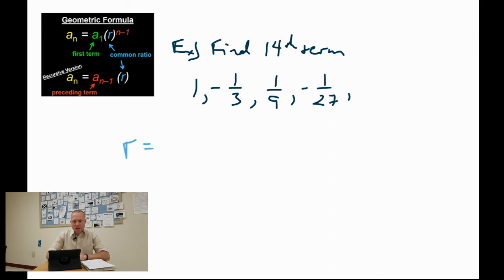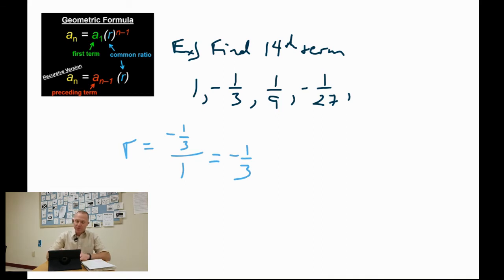That's right, the common ratio is always found by dividing. If you take the nth term, maybe negative 1/3, and divide it by the term before it, maybe 1, then we seem to come up with what appears to be negative 1/3. If you do a little bit of thinking, negative 1/3 is how I can get to the next term, and the next. So I feel pretty certain that we have the common ratio.